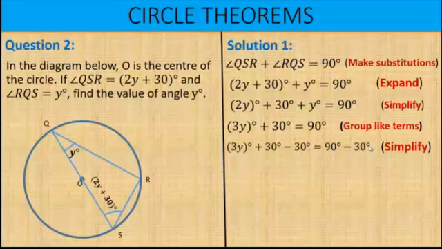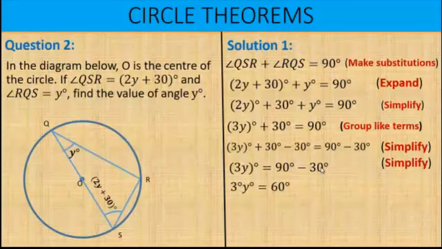So that when we simplify, we get 3y degrees is equal to 90 degrees minus 30 degrees. And when we simplify that too, we get 3y degrees is equal to 60 degrees.